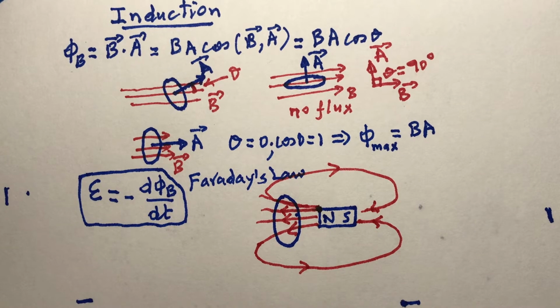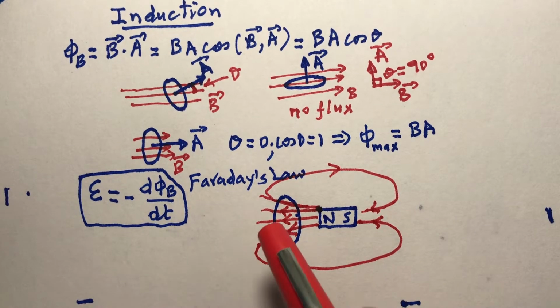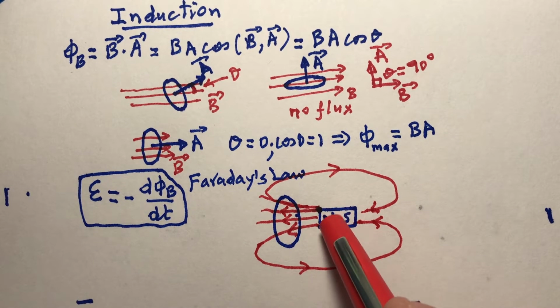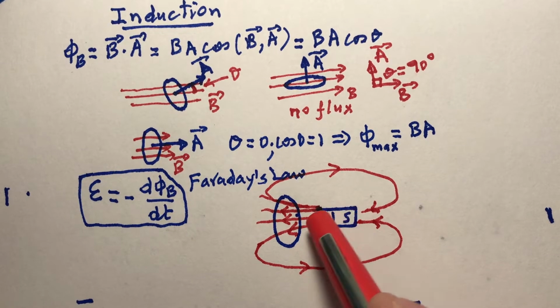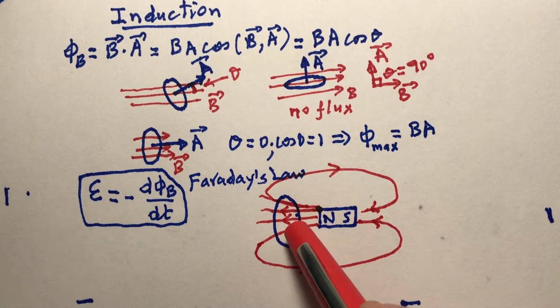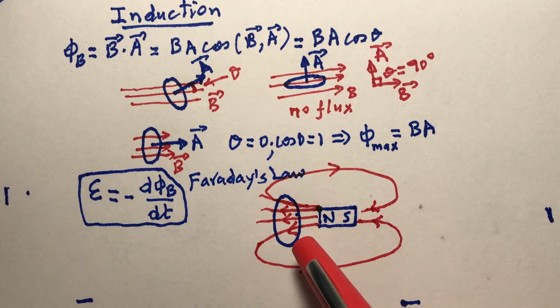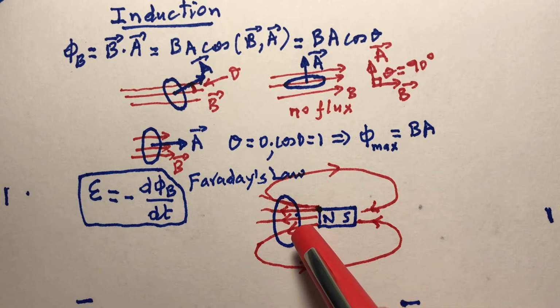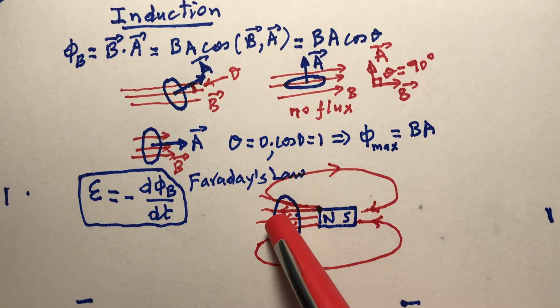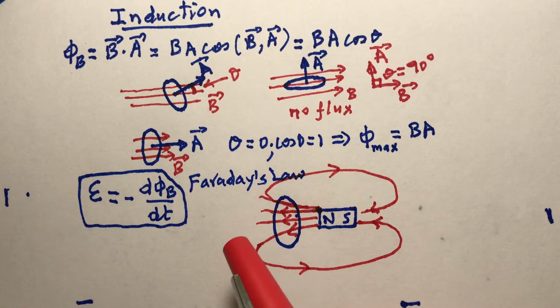So what Faraday says is, if you move this magnet close to a ring, you are changing the flux. The area is fixed, but the B field is changing.